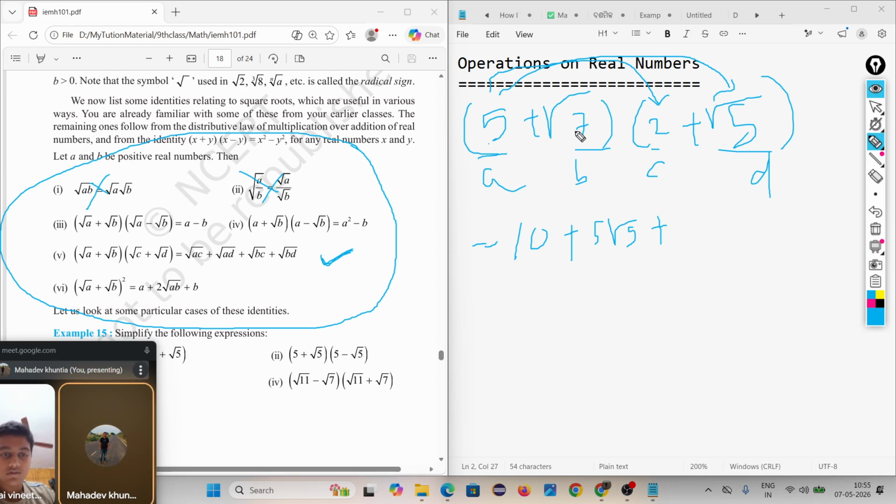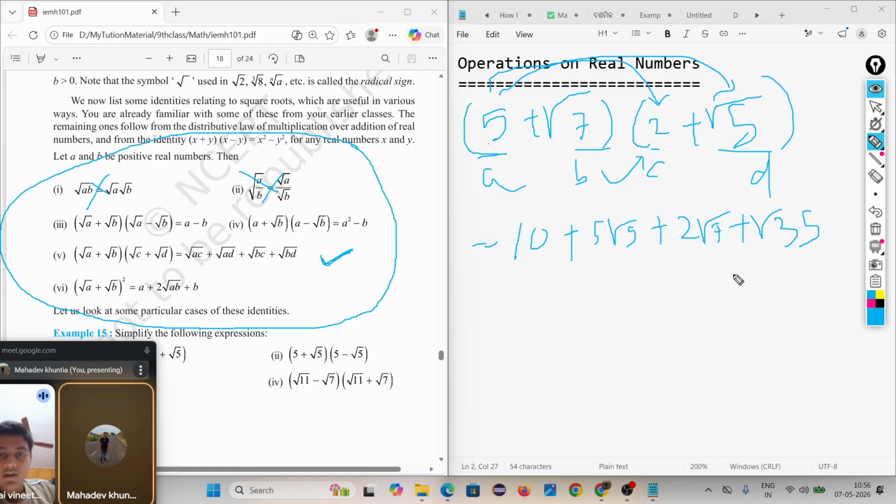Plus 7 in, B into C, root 7 into root 2, which is root 14... Root 2 root 7, yes. Plus root 7 root 5, which is root 35.